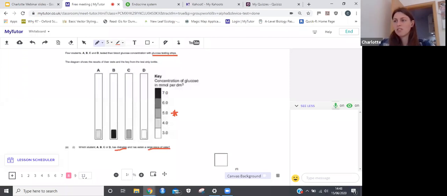Someone asking about the units there, Pranav. You can see them there, mmol, millimole. Okay, a few different answers there. Olivia, well done, had that one right.